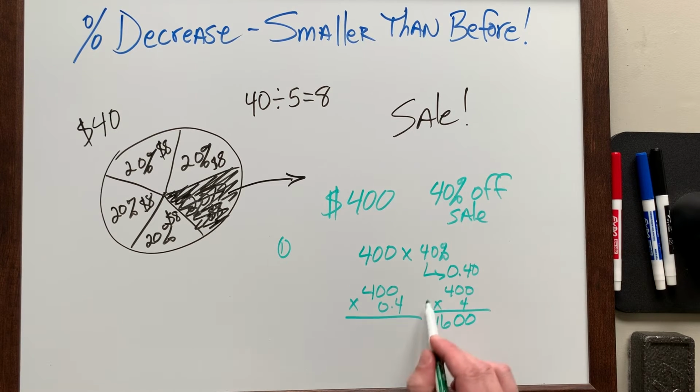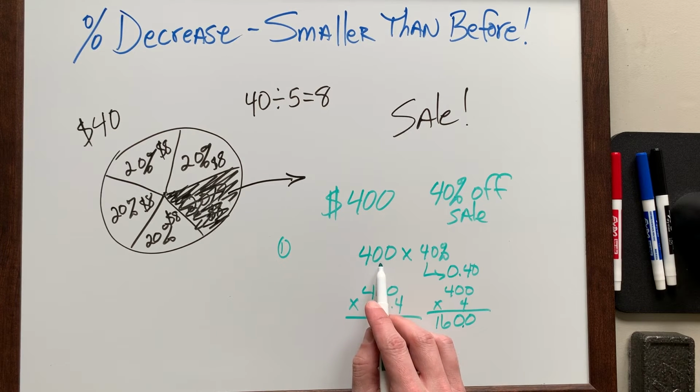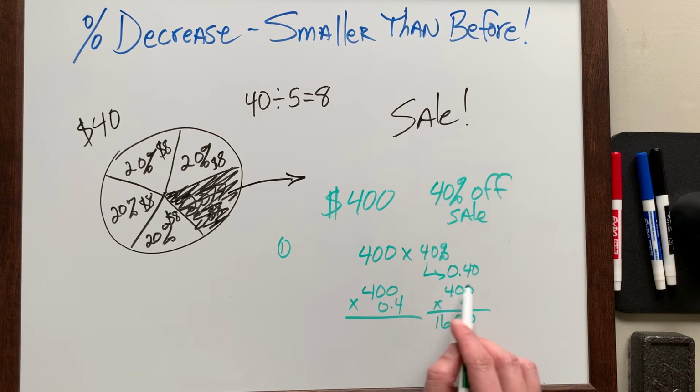This problem right here, because the 400 ends in 2 zeros, it's the same as 4 times 4 with 2 zeros on the end. But now let's go back and remember my 1 place value. So instead of the decimal point being here, we'll put it here. 400 times 40%, or 0.4, is $160.